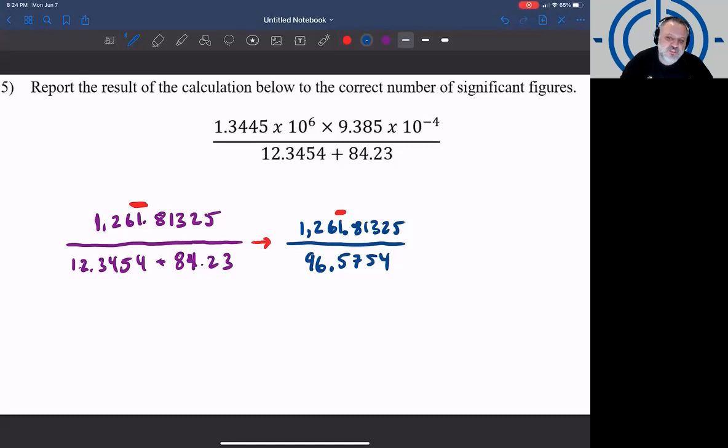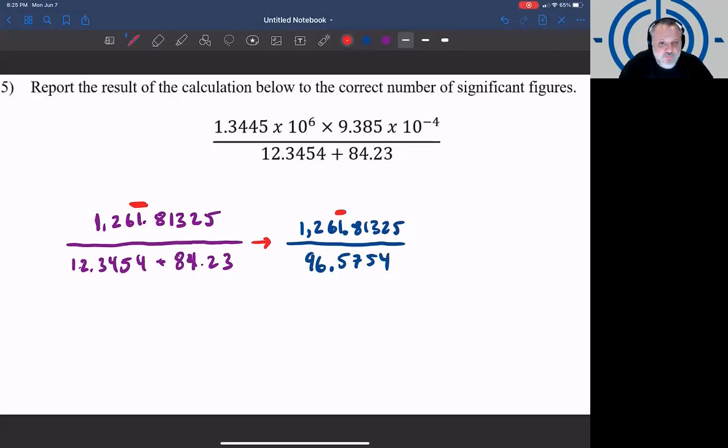The rule for addition and subtraction is different than the rule for multiplication and division. The rule for addition and subtraction is I report my answer to the least number of decimal places. Multiplication and division, it's the least number of sig figs. Addition and subtraction, it's the least number of decimal places. So the value 84.23 has 2 decimal places.